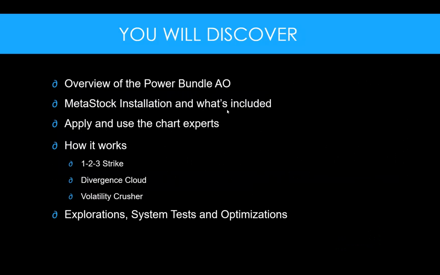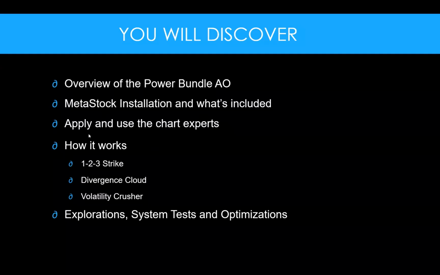We're going to start off with giving an overview of what the Powerbundle AO is in its latest generation. Once done, we're going to look at what will be included in your MetaStock installation once you have access to the Powerbundle AO. As you will see, there are many different components included right out of the box for MetaStock. We're then going to look at charting examples, and we're going to see how we can configure the indicators when applied to the chart.